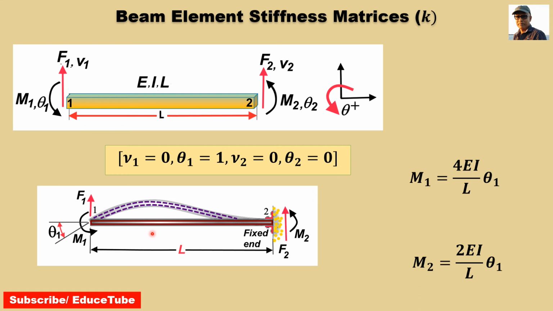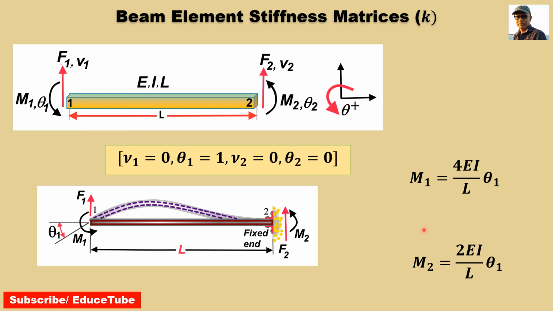Once we get these 2, we can find the other 2. How to get that? Now these 2 will be added. Another important point: the applied moments M1 and M2 are in equilibrium. Whenever we go for finding F1 and F2, we have to consider that the applied moments M1 and M2 are in equilibrium with the reaction forces F1 and F2.